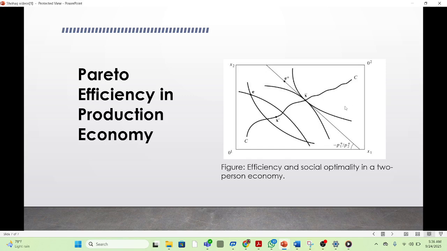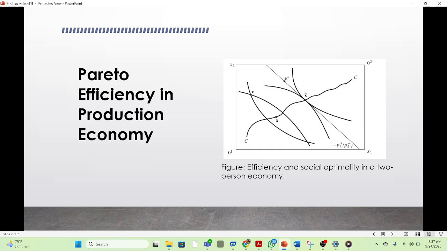Here we can see that the MRTS shows how much capital can be reduced if we increase labor by one unit, keeping output constant. In other words, it is the trade-off between inputs.